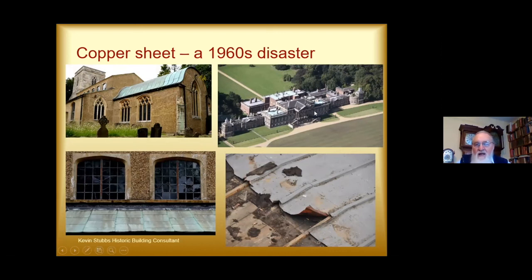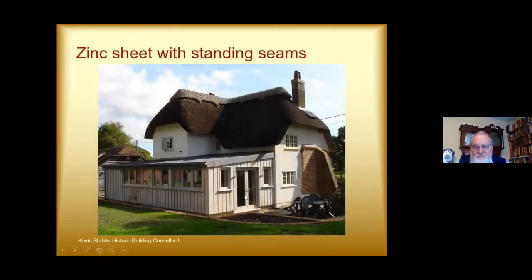And again, our large country house at Wentworth Woodhouse has over an acre of copper roof. After about 30 years, this becomes a colander. The 1960s copper was a real disaster, and they're now into a major scheme of replacing all these flat copper roofs with leadwork again. So it can be a very expensive mistake of the 1960s.